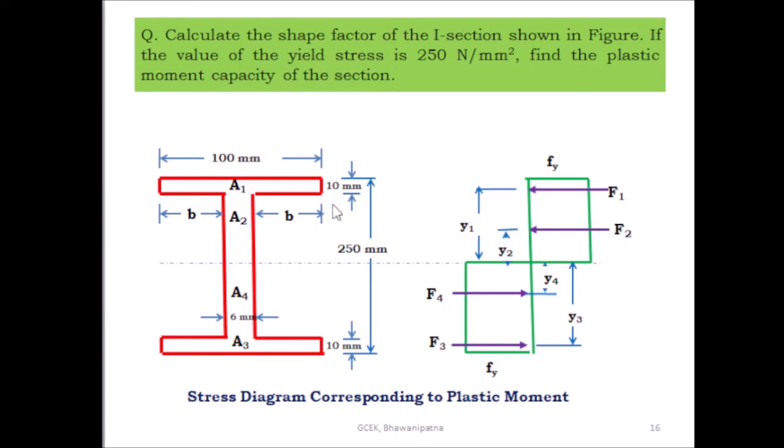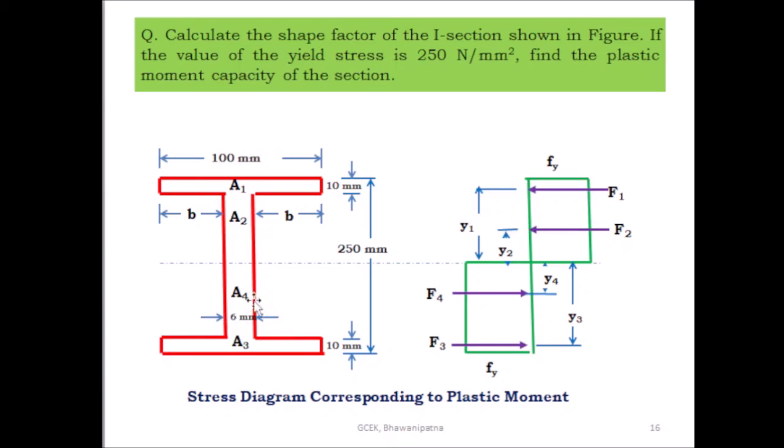So this is the I section, and here the flange width is given as 100 mm, and the depth from the top of the flange to the bottom of the flange, capital D, is given as 250 mm. Then the thickness of the flange is given as 10 mm, and the thickness of the web is given as 6 mm.